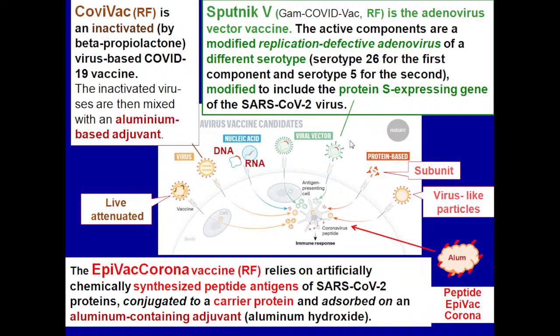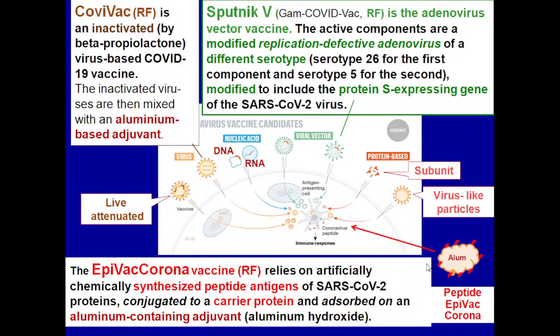Then, to overcome the effect of the secondary immune response when the same serotype is used, the second component is based on a different serotype not neutralized by serotype 26 antibodies.